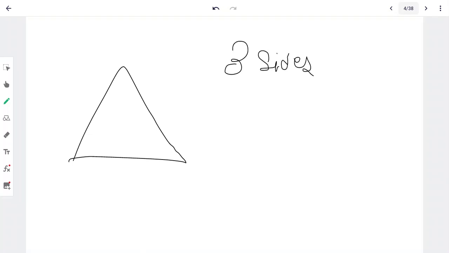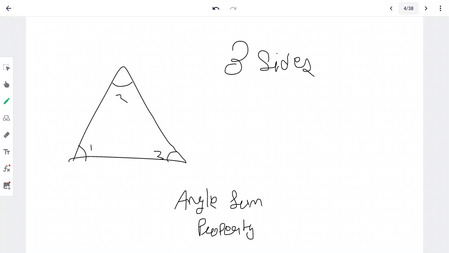What was the angle sum property of a triangle? If I have three angles, angle 1, angle 2, angle 3, we remember that angle 1 plus angle 2 plus angle 3 was 180 degrees. That is the angle sum property of a triangle.